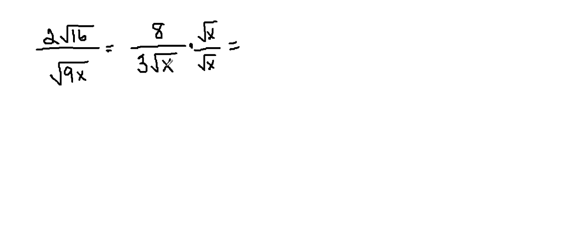This gives me 8 times square root of x is 8 square root of x, and that's going to be over, let's see, I got 3 times square root of x times the square root of x is square root of x squared, which is x, so I'll just be left with 3x. Remember, this times this equals x.